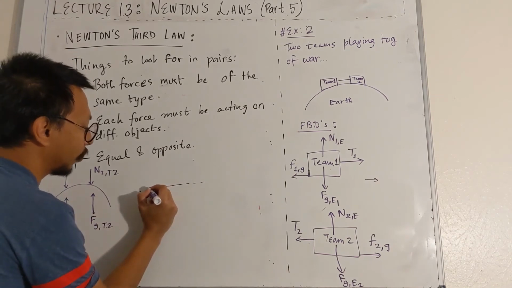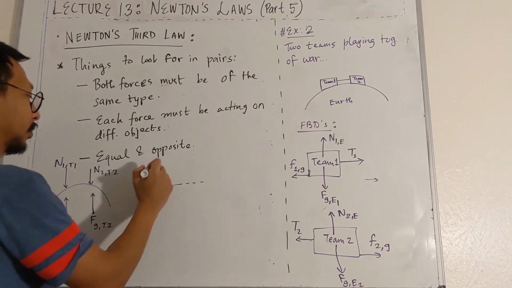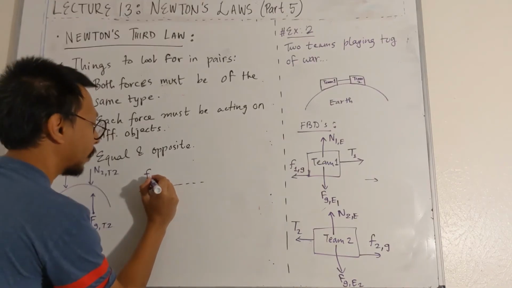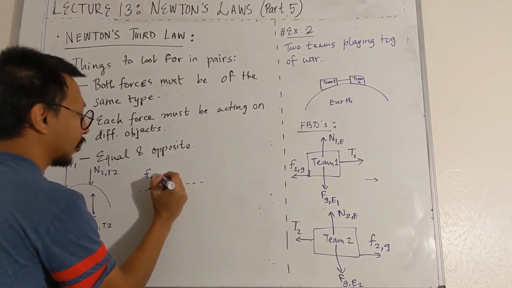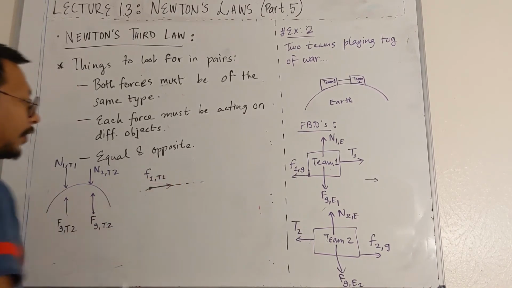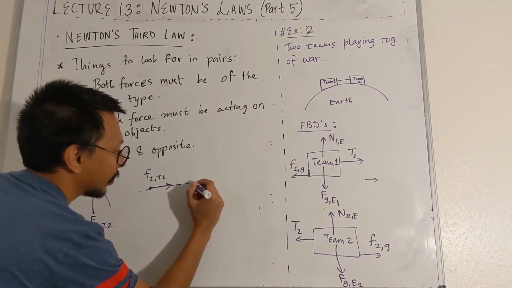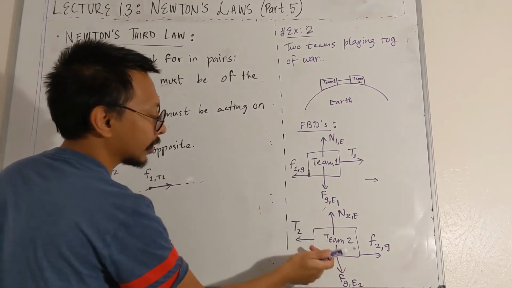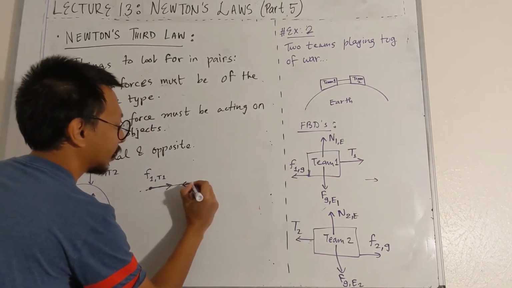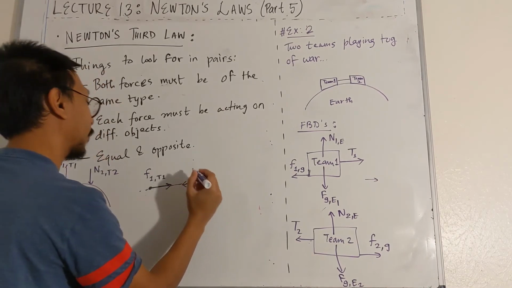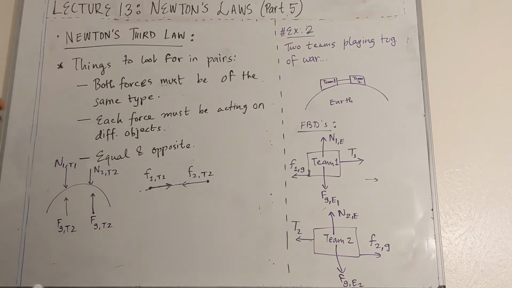So team 1 will exert a frictional force on the ground to the right. So let's call this frictional force by T1. And similarly, since team 2 is feeling the friction to the right, it will exert a friction to the left on the ground. So F2 by T2.